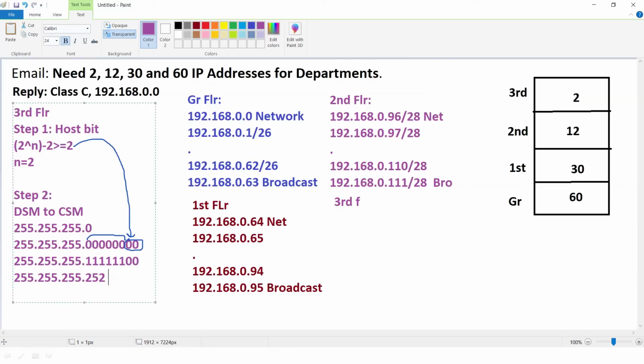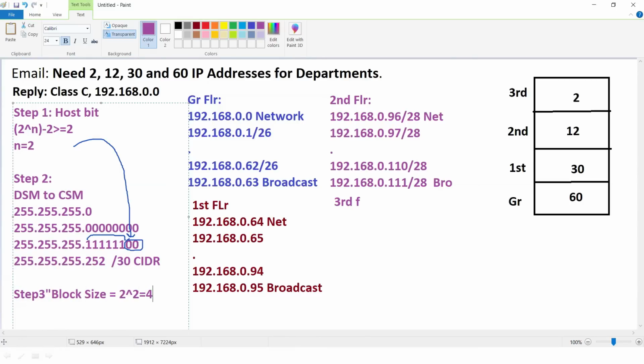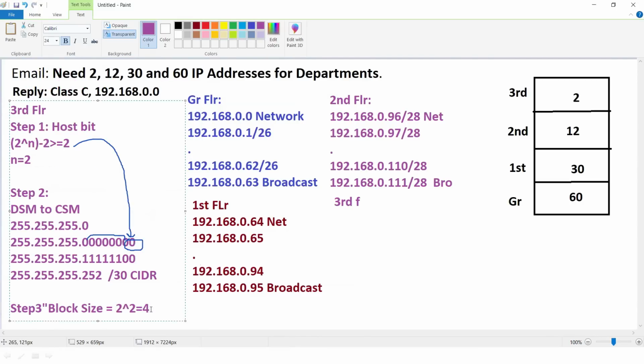This can also be written as slash 30, the CIDR value. Now step number 3, which is block size. Block size is 2 power 2, that is equal to 4.